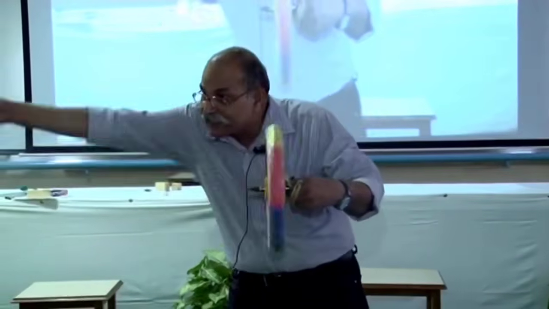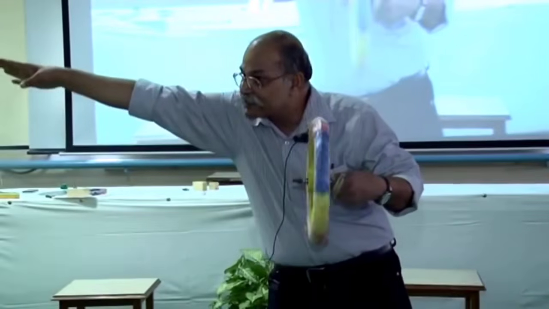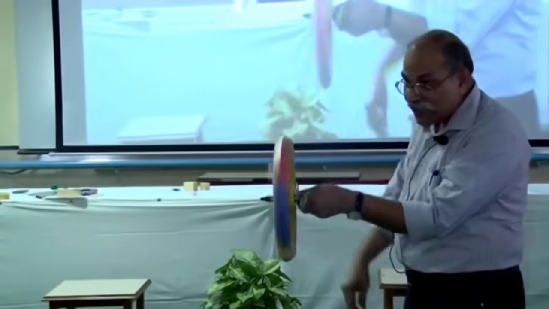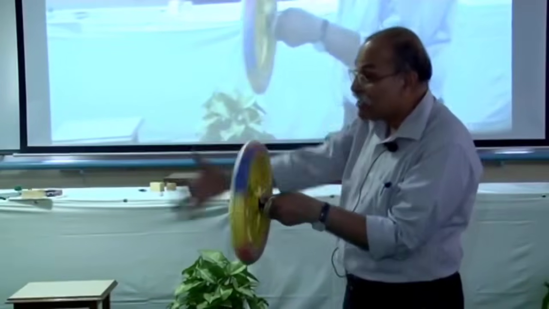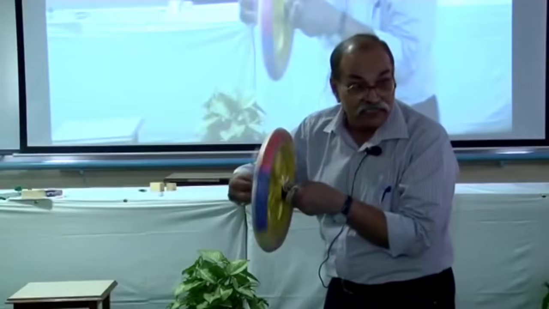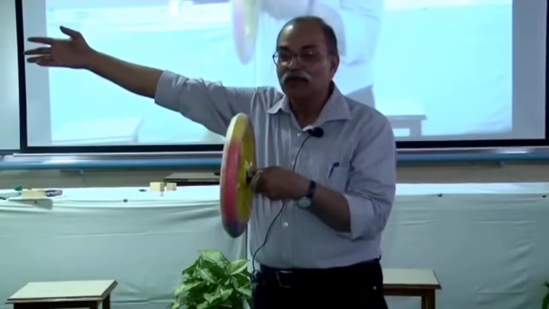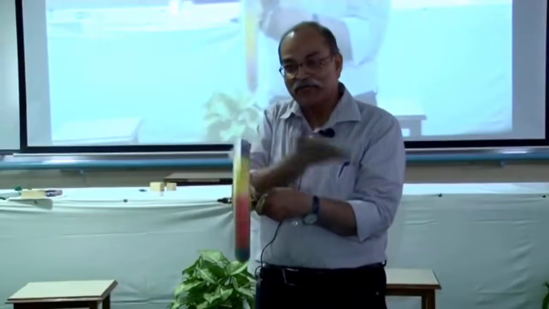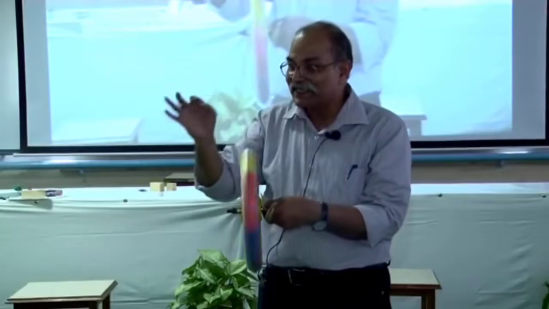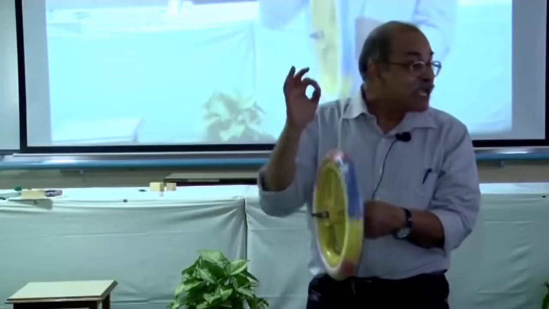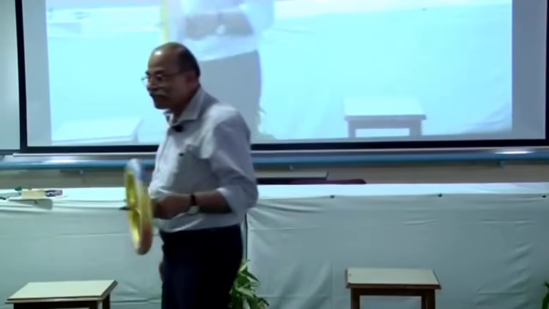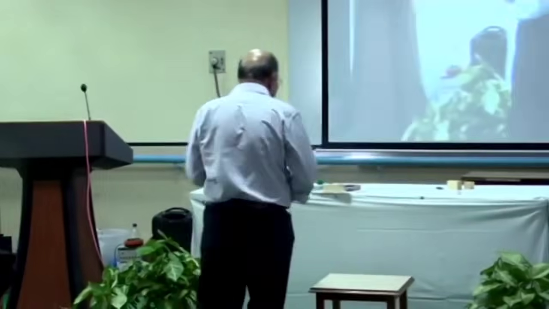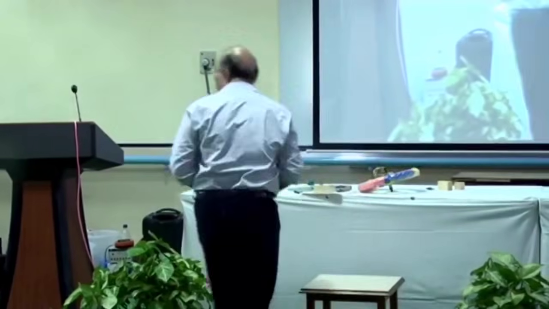So the angular velocity is in this direction. From the other side it is clockwise. What was the rule? If it is clockwise, it has to be away from me. So, what is the direction of angular velocity? No problem. Look at it from this side, look at it from that side, your angular velocity direction is the same, uniquely determined. All right. So, that is how we define the angular velocity vector.